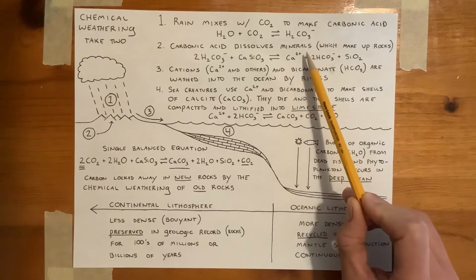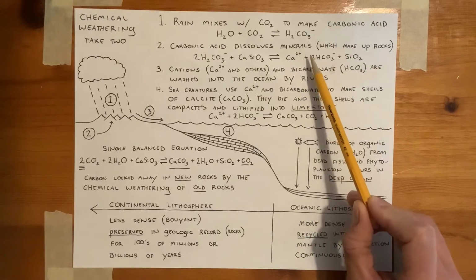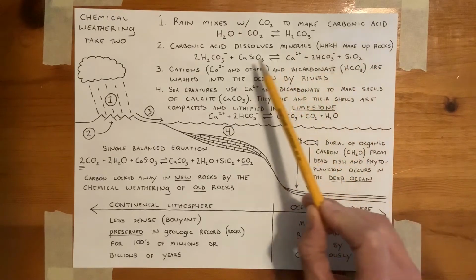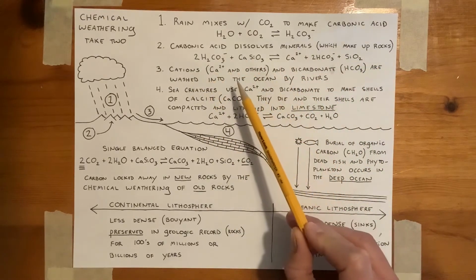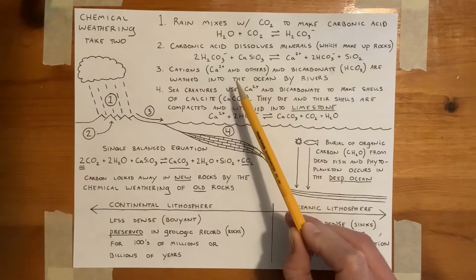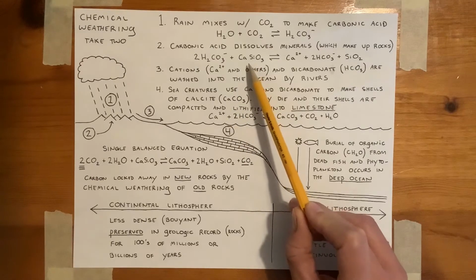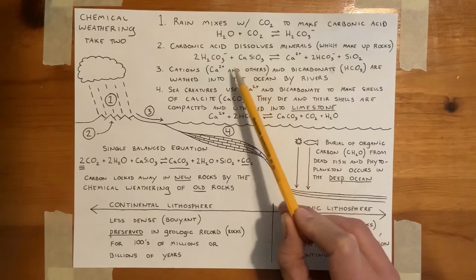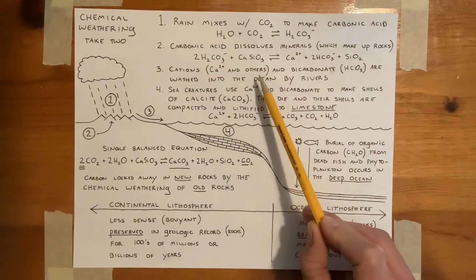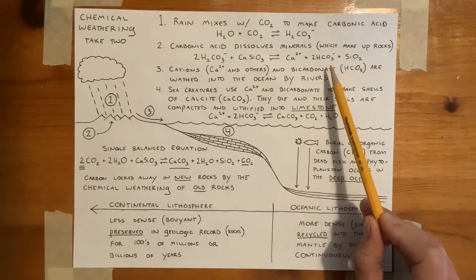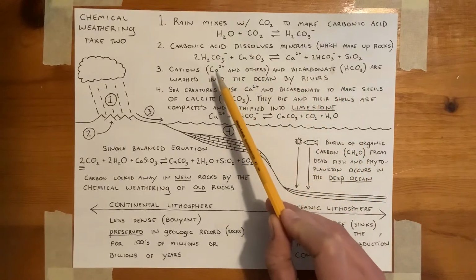Minerals, if we remember from the first part of the class, are what make up rocks. In this demonstration, we're doing a generalized example of a mineral called wollastonite being dissolved. But I want to note that basically all the different kinds of minerals out there have their own dissolution reactions with carbonic acid or some other kind of acid.